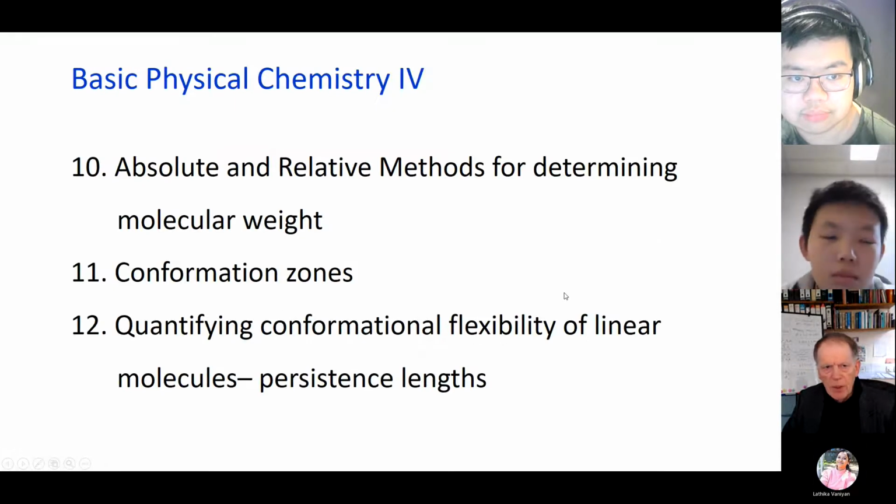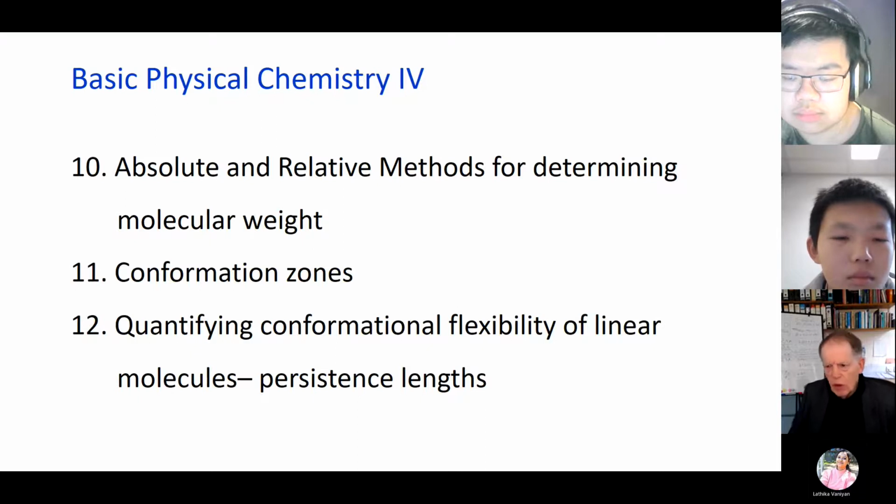Okay, so this morning we're going to finish off the basic physical chemistry series. This is Phys Chem 4, which follows on from last time when we did the molecular weight and molecular weight averages. So we've done all that. So we're just going to finish that off with a discussion between absolute and what's called relative methods for determining molecular weight.